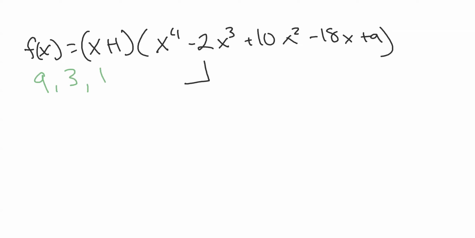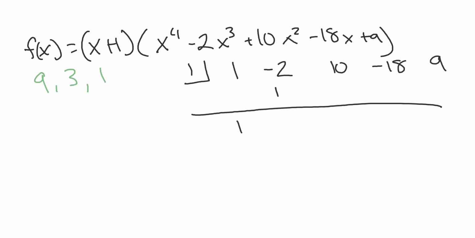So we're going to do synthetic division on the 1, and our coefficients are 1, -2, 10, -18, and 9. We'll bring down our 1. And indeed, 1 is also another factor of our polynomial.